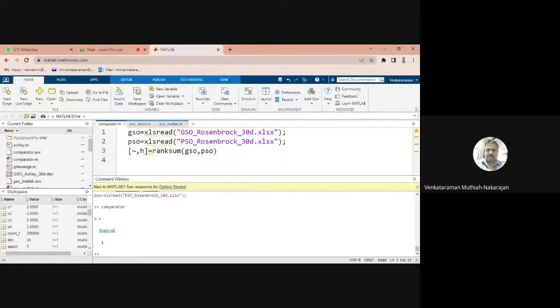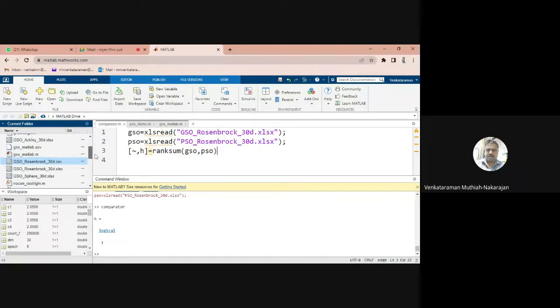I have already run some programs on the Rastrigin function. I already have done it for the Ackley function also. So I'll run the Ackley function and show a demonstration for you.